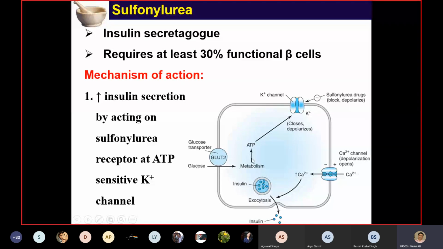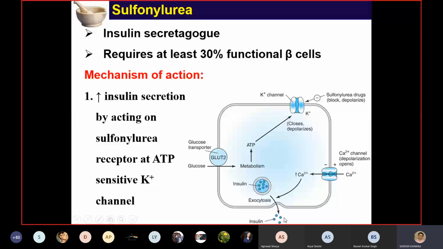By metabolism, this glucose is converted to ATP, and this ATP closes the potassium channel, which depolarizes the beta cell, and this depolarization causes opening of the calcium channel, and this calcium will cause exocytosis and release of insulin. So when glucose level increases, the insulin release is also increased, isn't it?